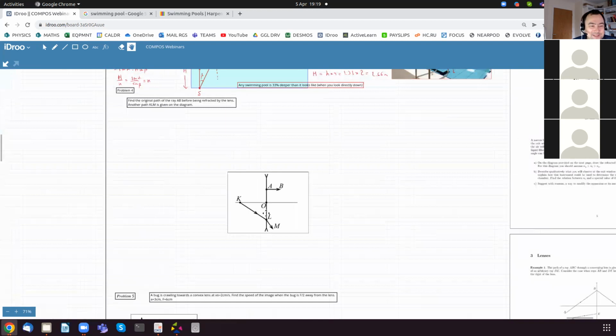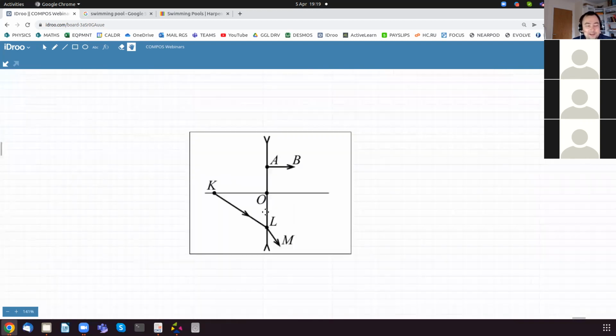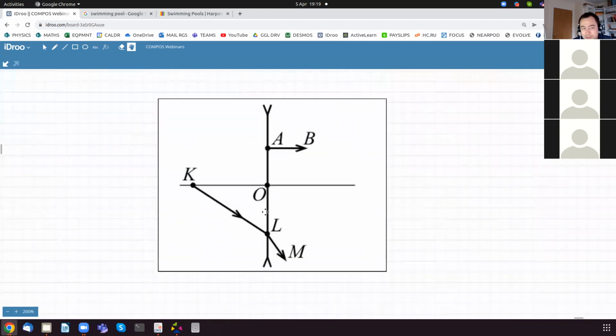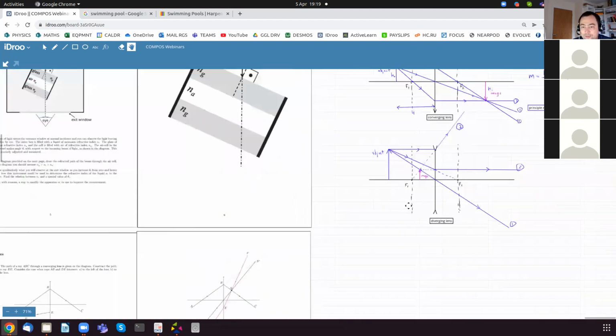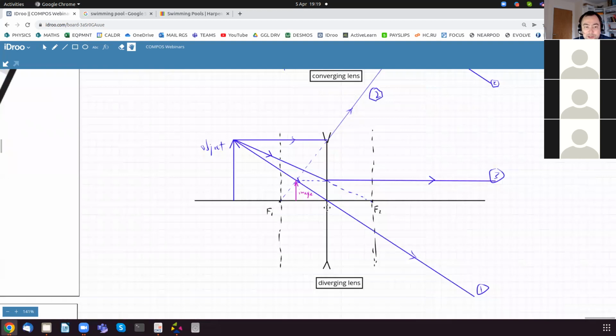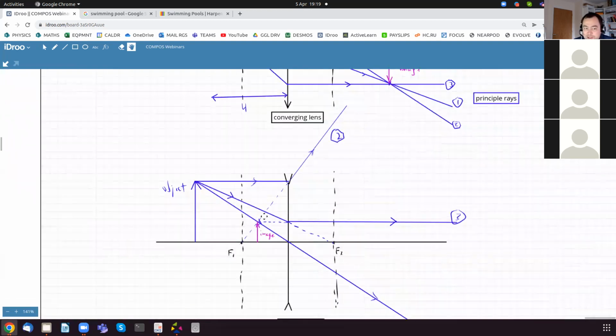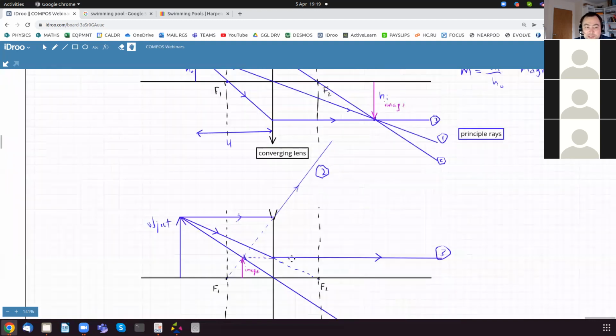And okay, so here we have an arbitrary diagram. We don't know where the focal point is. What if you place the object before the focal point? Well, for the diverging lens, it doesn't really make any difference. It will be just the image in a slightly different position.